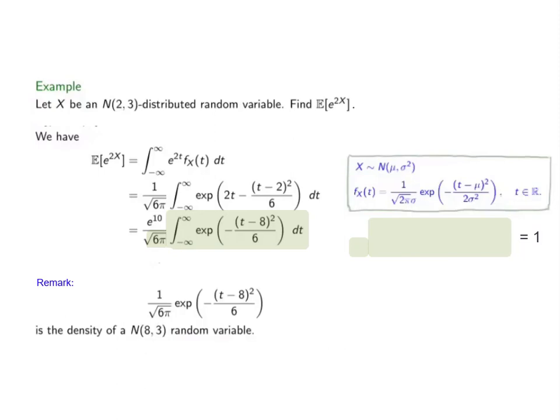Therefore, to integrate this expression with respect to t, for t from negative infinity to positive infinity, equals 1, and we do not need to evaluate it directly. So this gives the result e to the power 10.